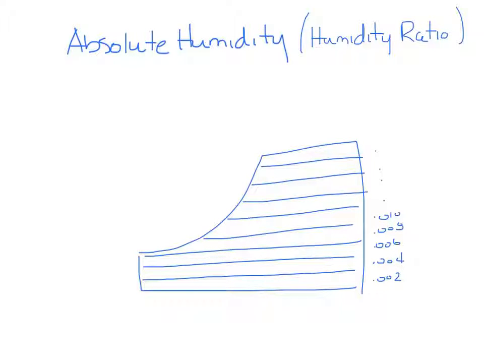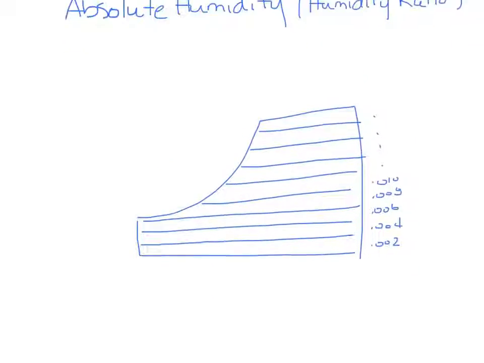Think of it like this. If it's cold outside, you could have 90% relative humidity, but the actual amount of water in the air, the absolute humidity, is still low compared to if it's 70 degrees outside and 90% relative humidity, or even 50% relative humidity. Let's move this one out of the way and talk about the dew point.